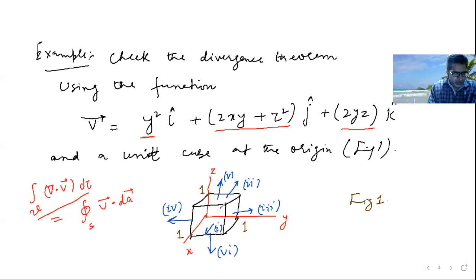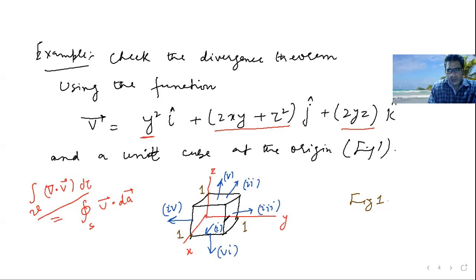Therefore, its area element will be dy dz, and that is pointing along positive x direction. Positive x direction means this area element dA will be dy dz I cap, because I is a unit vector pointing along positive x direction. I have to dot with the I cap, that means the x component of V, which is y square, right?